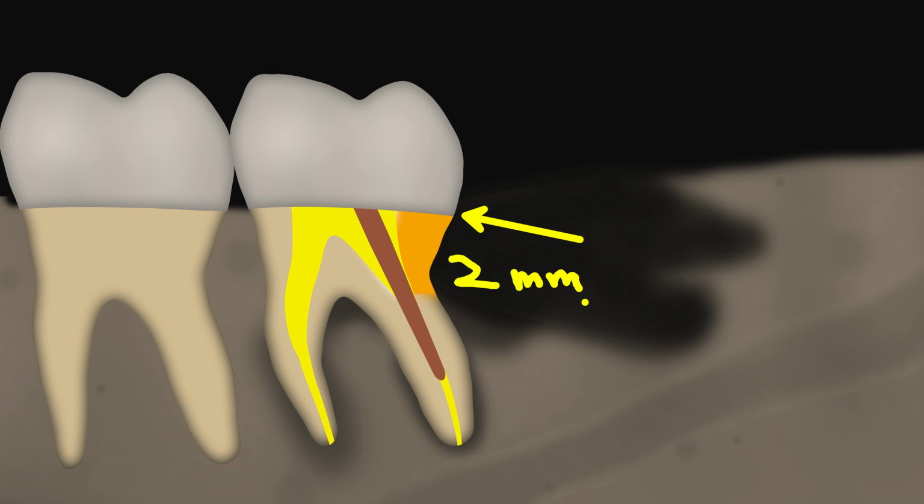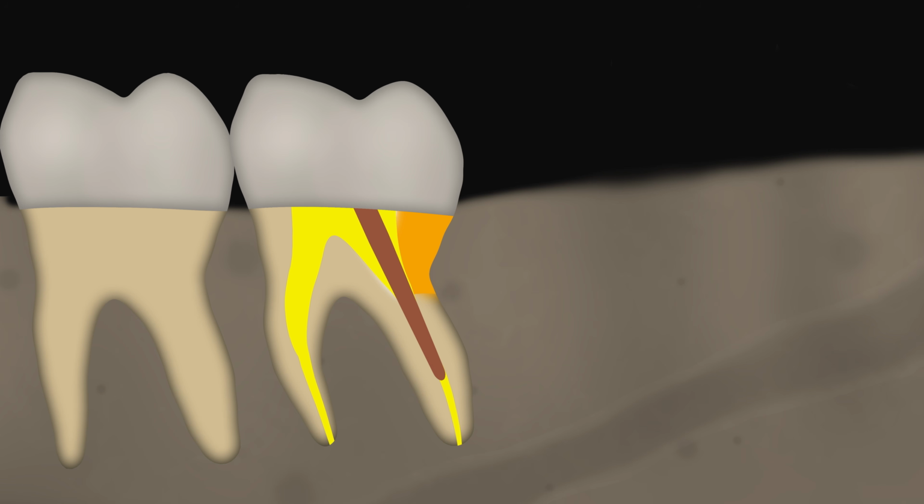If the thickness of the restoration is less than 2 millimeter, then the restoration may fracture or start cracking. But if the restoration is more than 2 millimeter, definitely the restoration will stay intact without any trouble. Once this restoration is done and a crown is placed, we can appreciate that there will be complete healing of the tooth, and we can expect a good success rate.